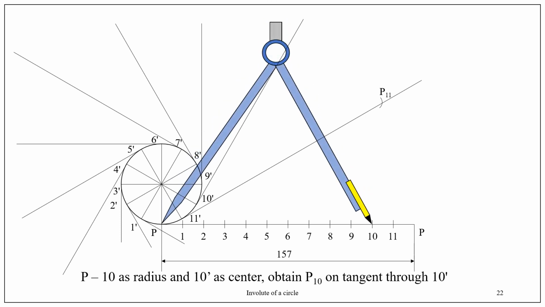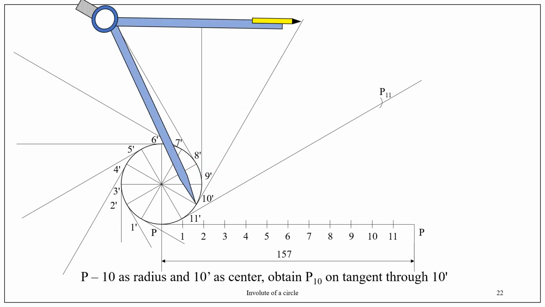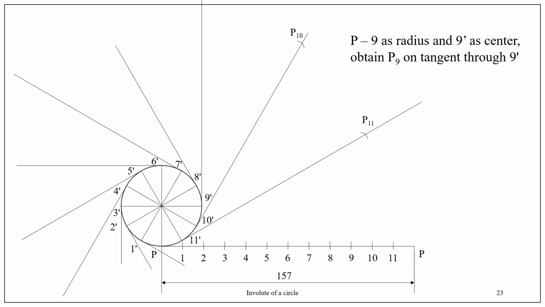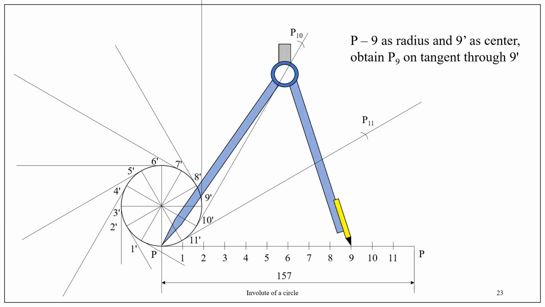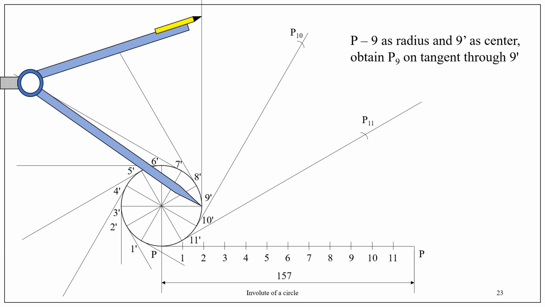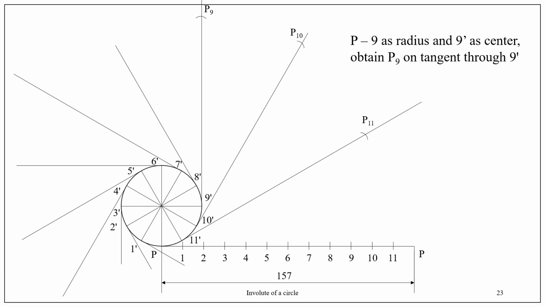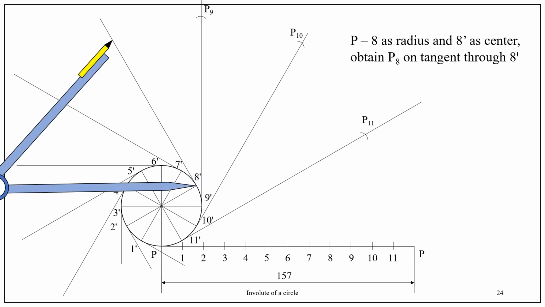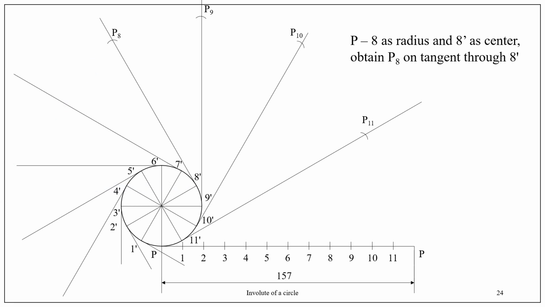Measure P10 with 10 dash as center, cut an arc, obtain P10. Measure P9 with 9 dash as center, cut an arc, obtain P9. Measure P8, 8 dash as center, cut an arc, obtain P8.